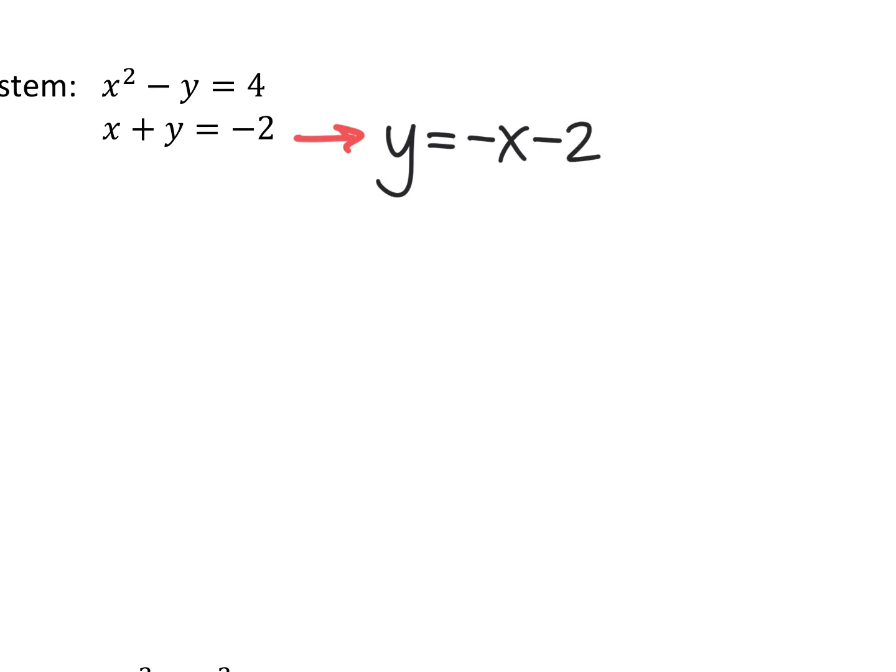Okay, now this is a lovely equation that you could then plug in to that spot for y. So it's the exact same solving process as you've done before. Okay, so now we're going to plug in, oopsies, x squared minus, and then parentheses, you're going to put what you just got, and that's equal to 4.